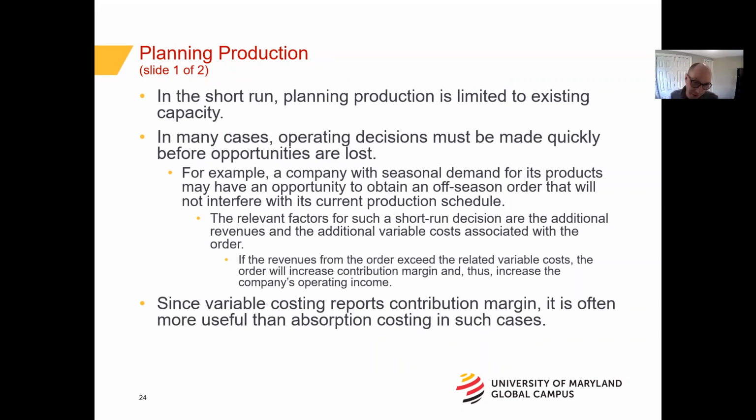The word capacity means how much I can manufacture, how much volume I can manufacture given my constraints, my natural constraints, my warehouse, my capacity, number of hours. Those are my constraints, right? In planning production, we are limited to capacity.